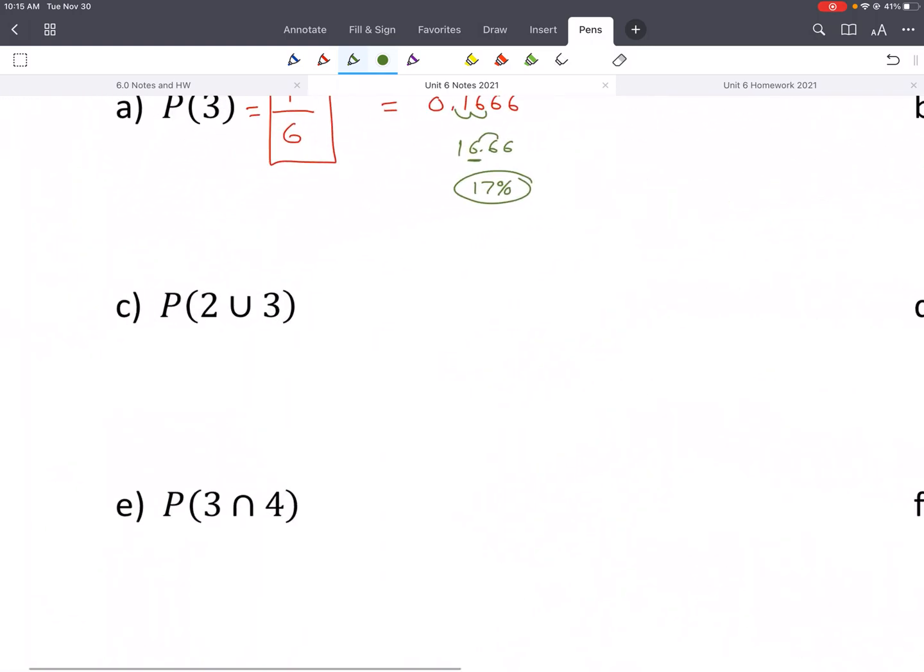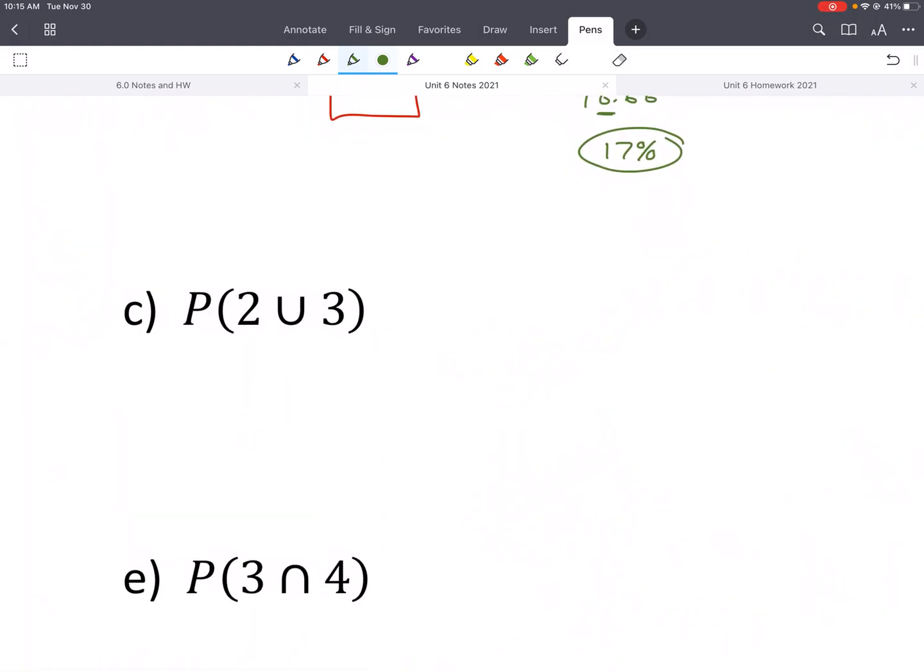All right, so what is the probability of rolling a 2 union 3? Okay, so union, if we're talking about it this way, means that we will win if we roll a 2 or if we roll a 3. Another word that we can use is or. So there are two ways to roll a 2 or a 3 out of 6.